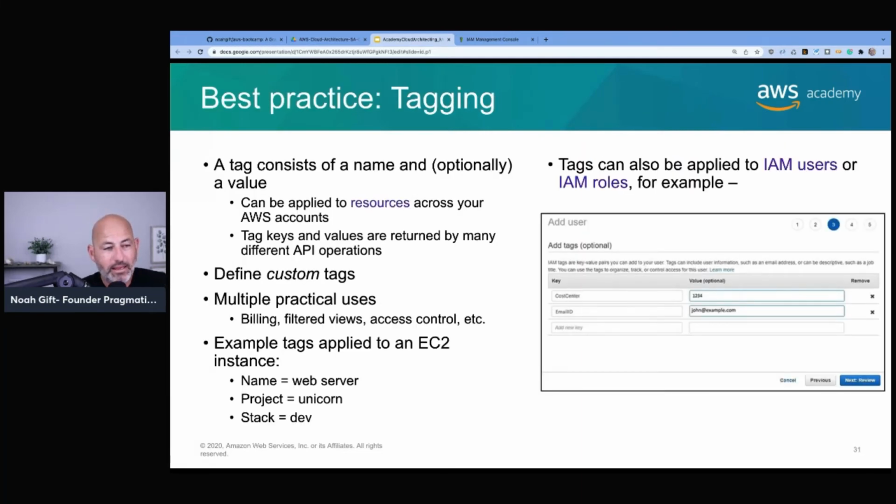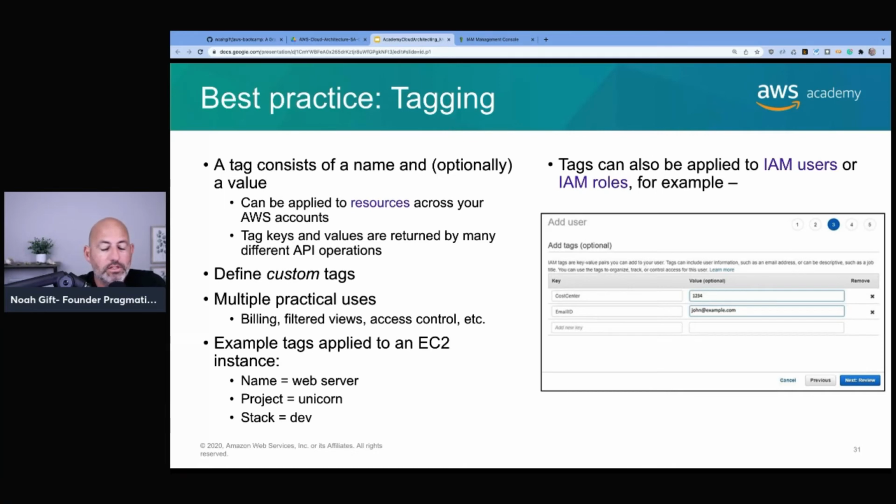So tagging is a great way to keep track of things, and this would be a way of basically applying it to a resource across AWS accounts. You could define custom tags, multiple practical use cases, right? You could do billing, access control. I've used tags quite a bit for things like spot instances.